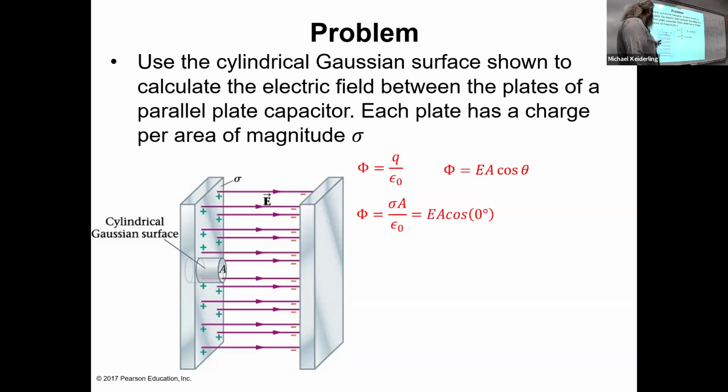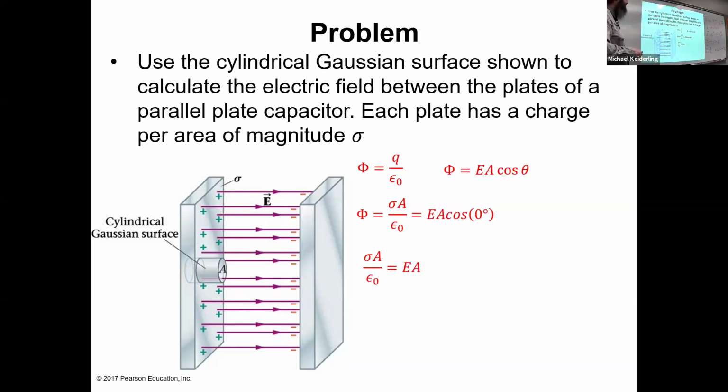And the flux through the sides of the cylinder is also 0 because that is parallel to the electric field. So the angle of the sides of the cylinder is 90 degrees, so that cosine is 0.